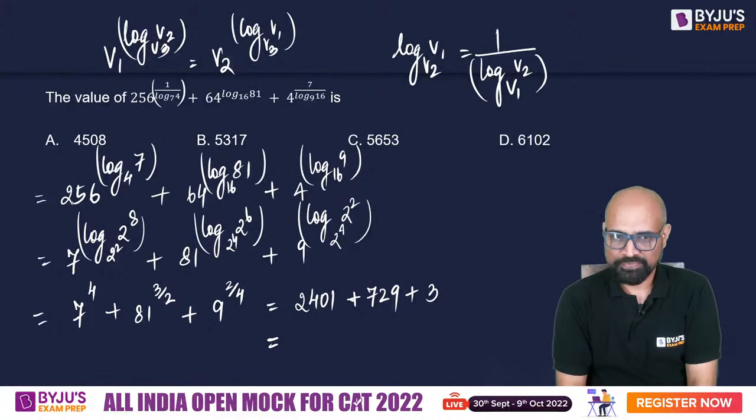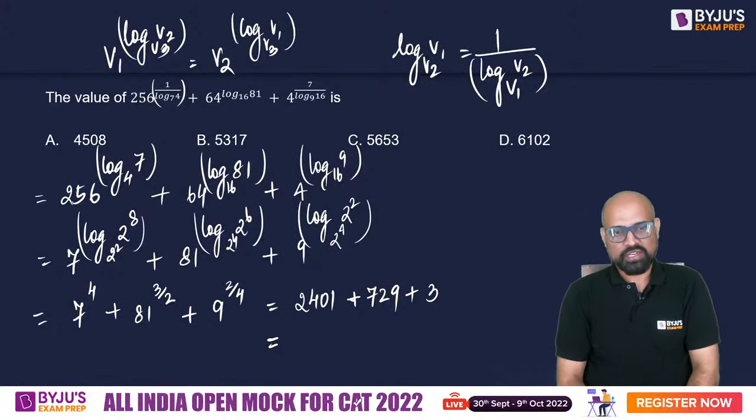Okay. 81 square root is 9 and 9 cube is 729. That is also fine. The third term is we interchange 9 and we will have 4 to the base 16. So 1 by 2 is what we will have. So square root of 9 we will have 3. And I think 7 to the power 4 is 2401, right?